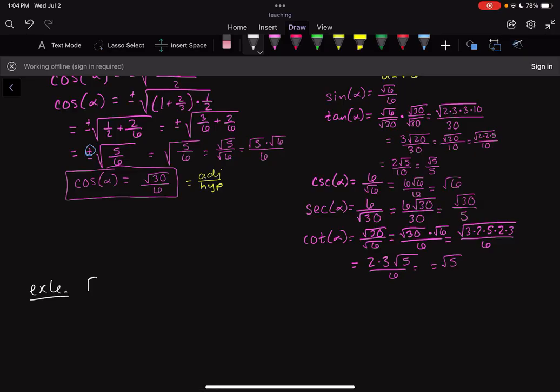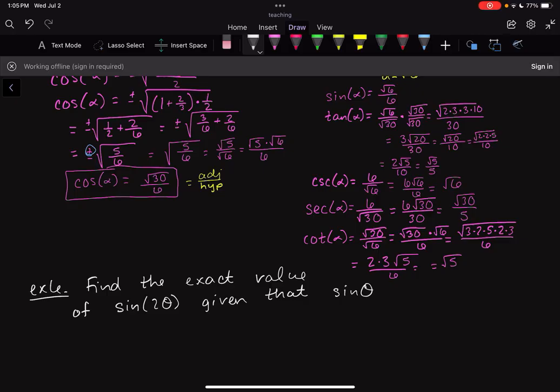This one says find the exact value of sine 2 theta given that sine of theta is equal to negative 35 over 37 and theta is in quadrant 4.